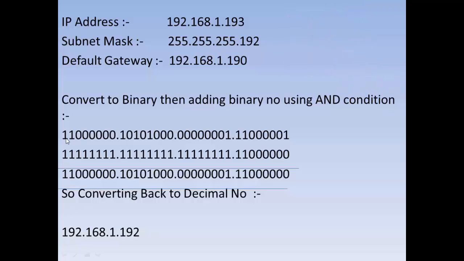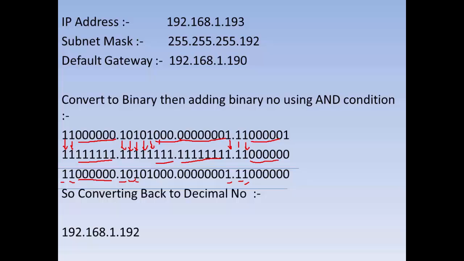So when we do the binary operation like in this case, 1 and 1, the result will be 1, and the result will be 1 1 0 1 1 1 0 0 0 0 1 1 1 1. We will get all zeros in the host portion. The same thing we will get that I have shown you previously: 1 1 1 and then all zeros. 1 plus 1 will give 1, and here 1 1 and the result will be 1 1 1 1 0 0 0 0.